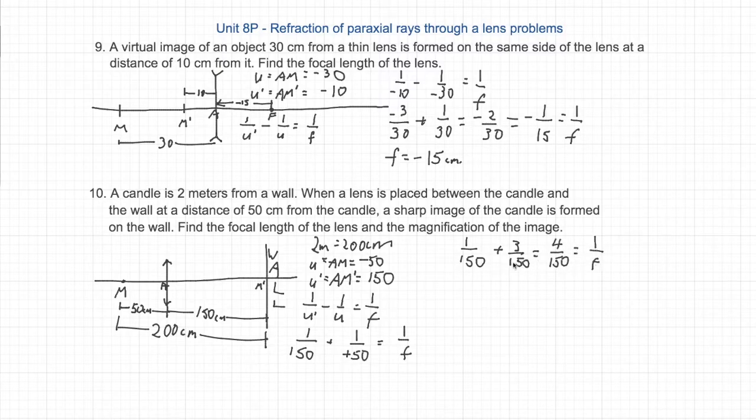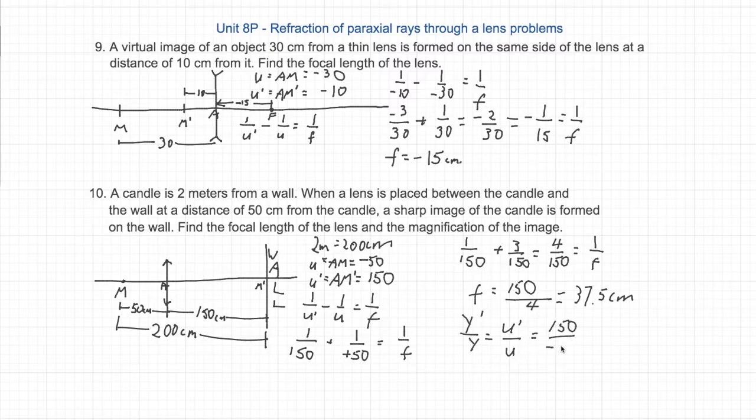So we'll choose 150 as our common denominator, and we find the focal length equals 37.5 centimeters. The primary focal point is to the left of the lens.